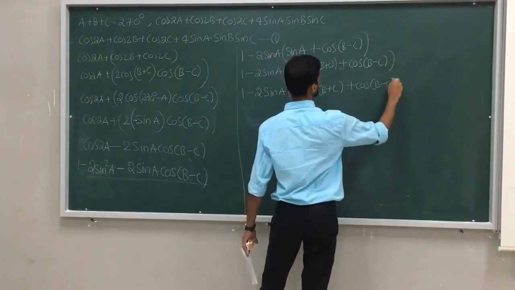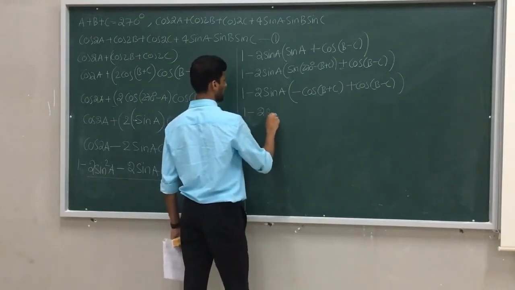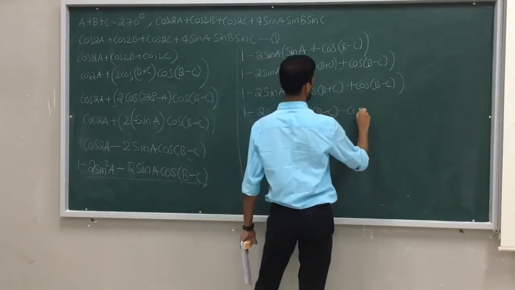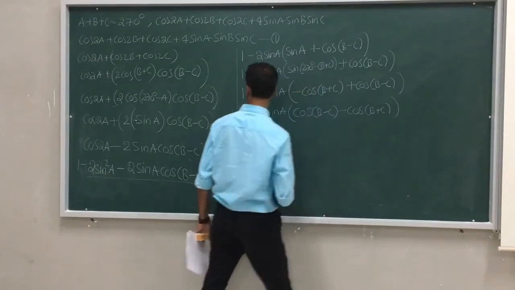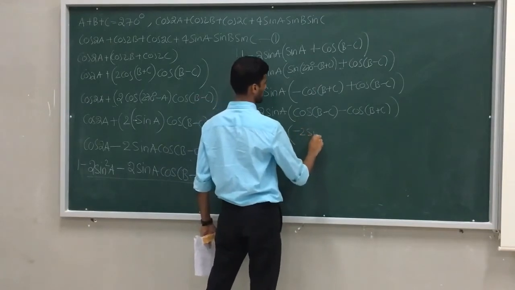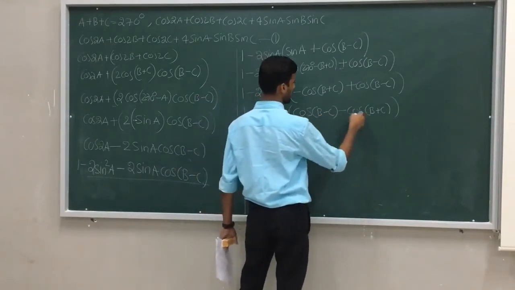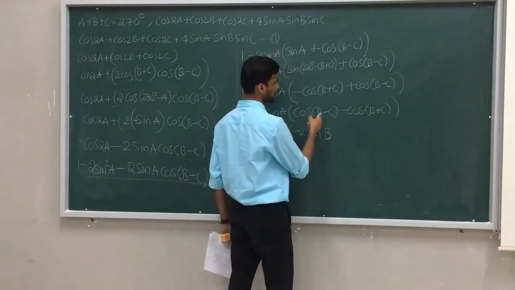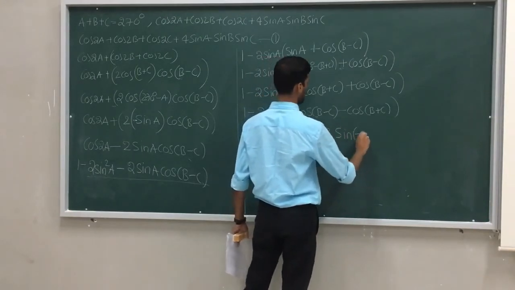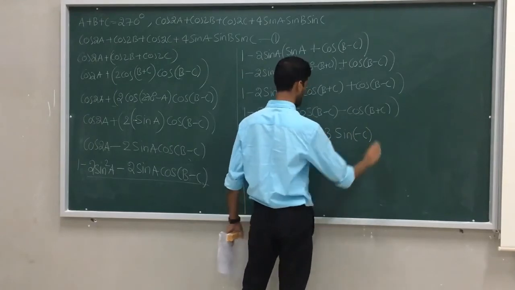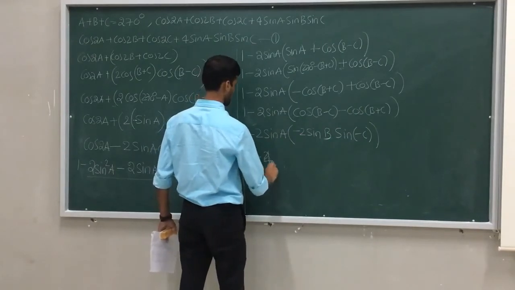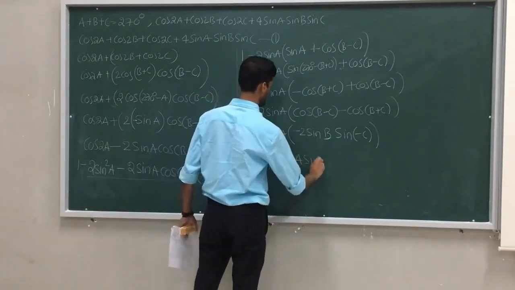So 1 minus 2 sin A into cos of B minus C minus cos of B plus C. Cos C minus cos D is minus 2 sin of (C plus D) by 2 into sin of (C minus D) by 2, so B cancels and it is sin of C. Minus minus becomes plus, so it is 1 minus 4 sin A sin B sin C. Just check.